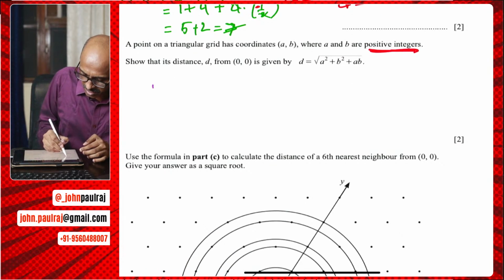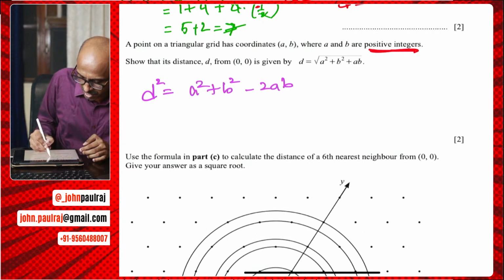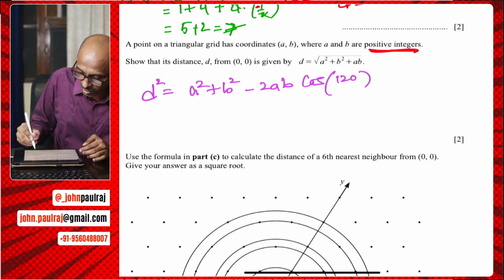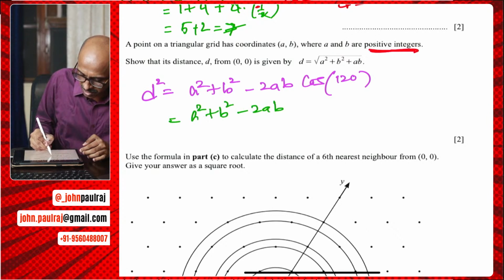So we say D square is A square plus B square minus 2ab, and it's cos of that same 120, okay? Cos of 120 is going to be negative half again, and that's going to be cancelling it out, right? So you'll get a square plus b square minus 2ab times a negative half, right?